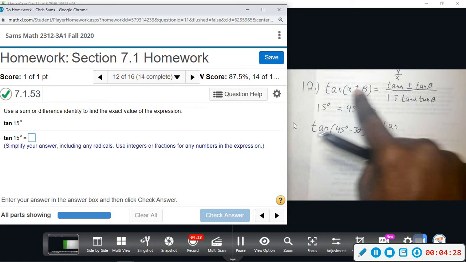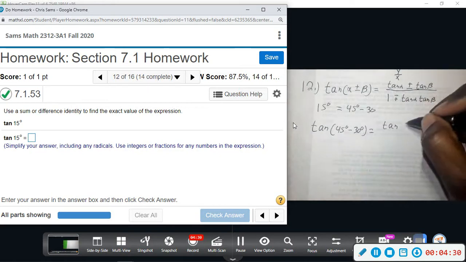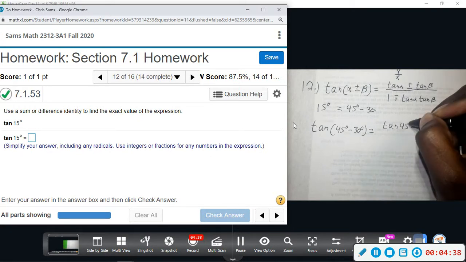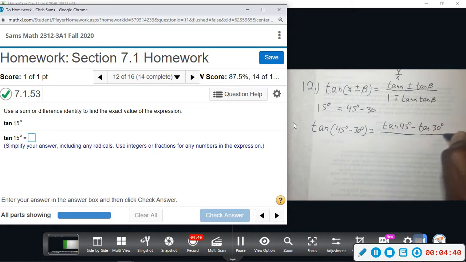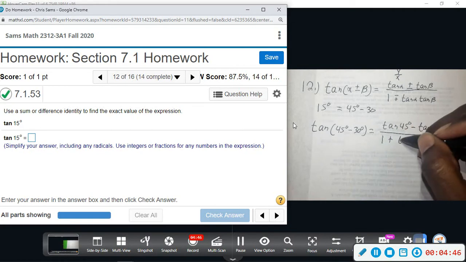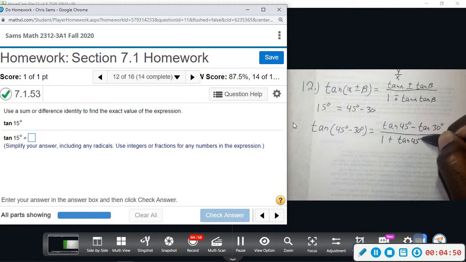Since I had minus, I followed the bottom sign, so the bottom is 1, and the sign this time is plus, and this is still tangent of 45 times tangent of 30.